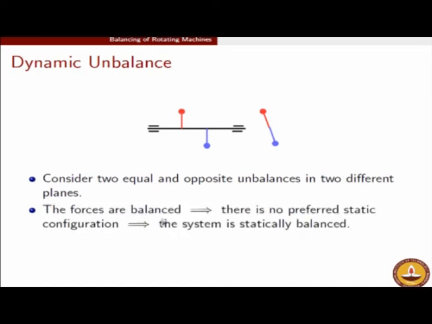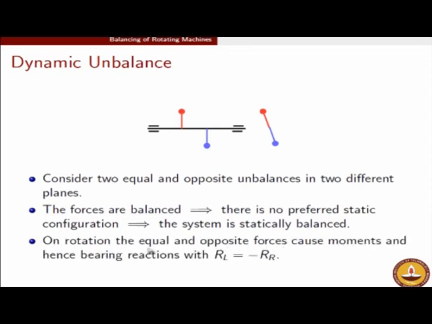So these forces are balanced, there is no preferred static equilibrium configuration, and therefore the system is statically balanced. But this is where the bearing reactions will be equal and opposite, because force equilibrium is ensured, but moment equilibrium still has to be satisfied, so bearing reactions are still induced. This is in contrast to static unbalance; this is the situation of dynamic unbalance.